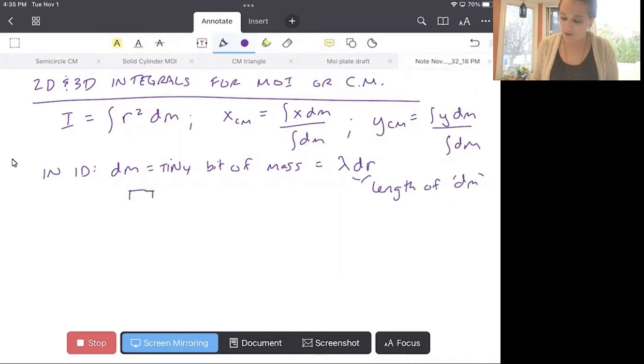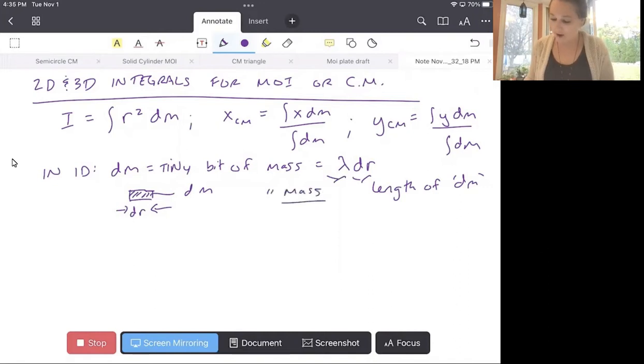If we just have a little bit of mass dm, then dr is that length, and lambda would be our linear mass density. That would be our mass divided by our length if it was constant, or it would simply be a function of the density as a function of length only. So in 1D, that works out really nicely because everything in 1D can use the same dr because it's just a tiny little bit of length.